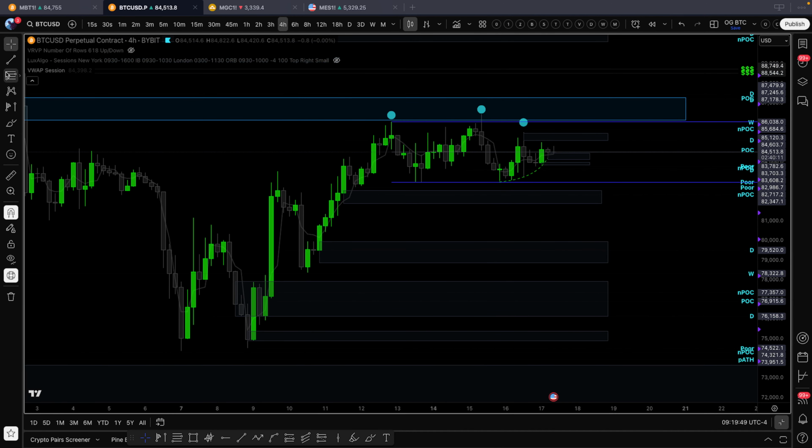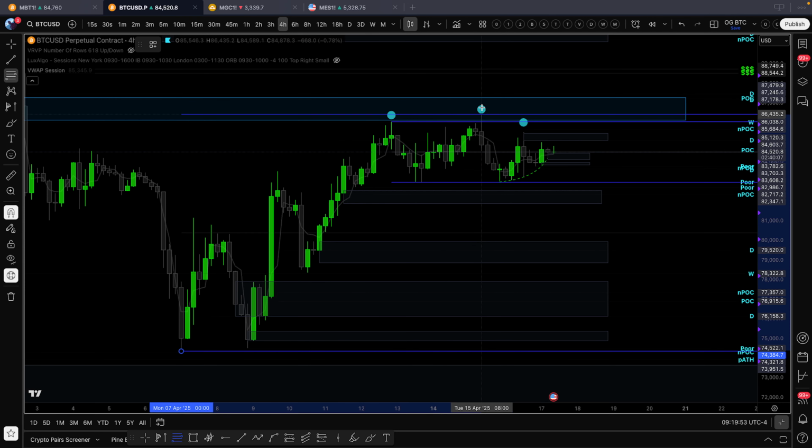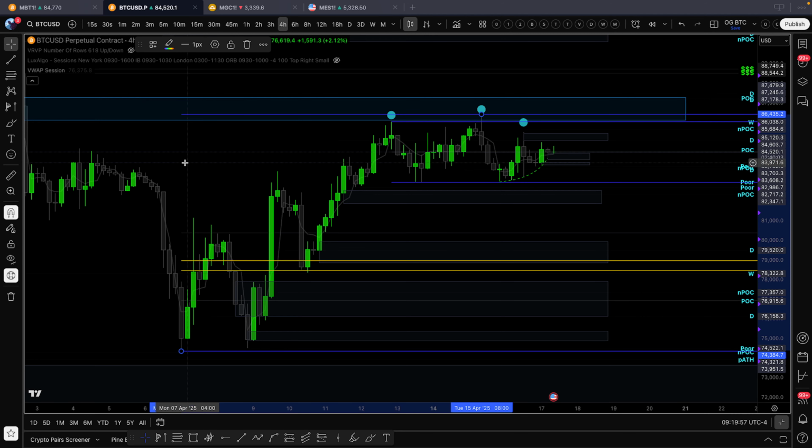Now to the downside, we can see that we also have a range. And if we put our golden zone in there, we still have this range that we've been looking at since this entire uptrend here. We could come down to these areas for some potential longs.